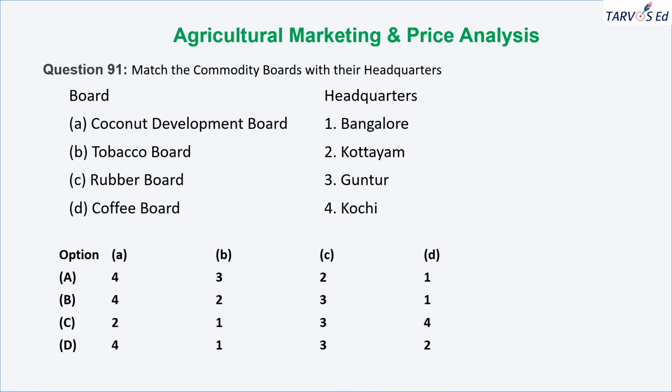The commodity boards they have given are Coconut Development Board, Tobacco Board, Rubber Board and Coffee Board. You have to match them with their respective headquarters. So let's not solve this question. You just comment it down in the comment section. So it will be easy for you to know the status of your recalling and memory.